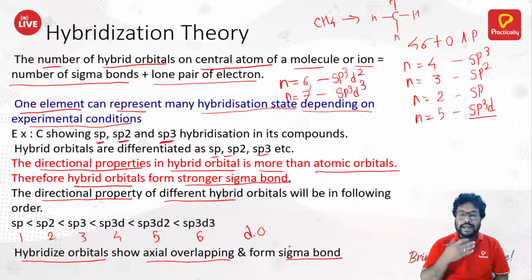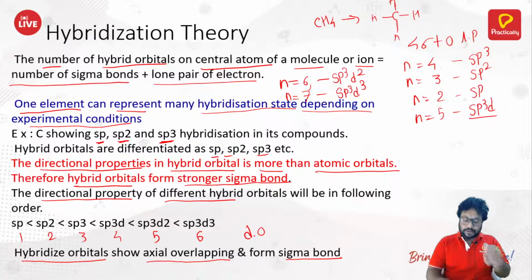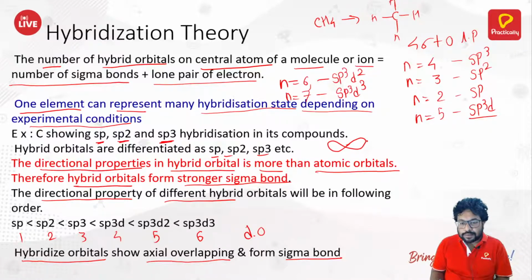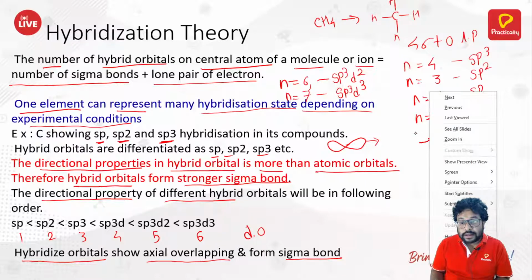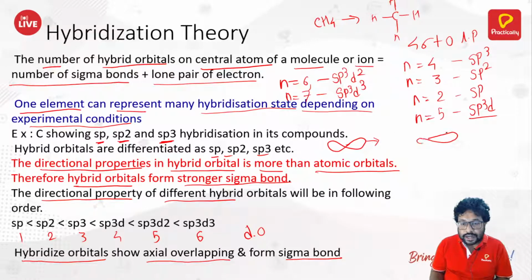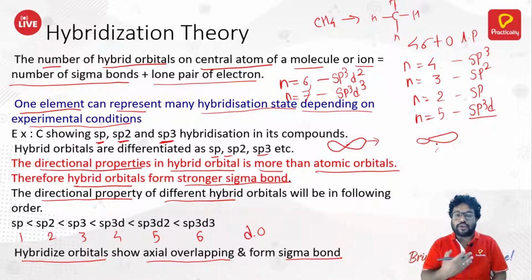Now hybridized orbitals do not form a pi bond. Hybridized orbitals, as I told you, are directional, right? They are directional like this, and whenever one lobe of a hybrid orbital is overlapping, the other lobe shrinks. For example, suppose this is your orbital which is overlapping from this direction. This direction stays as it is, but the other lobe of that overlapping orbital gets shrunk like this, because of which this hybrid orbital gets extra directional character.